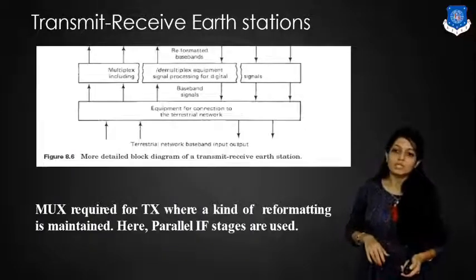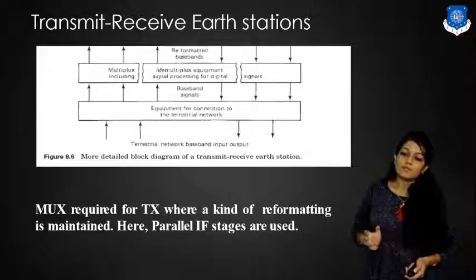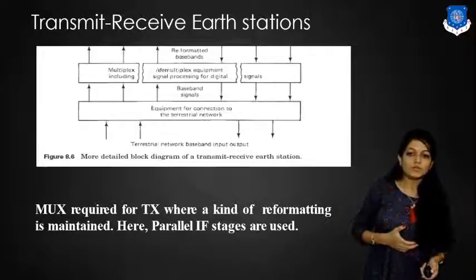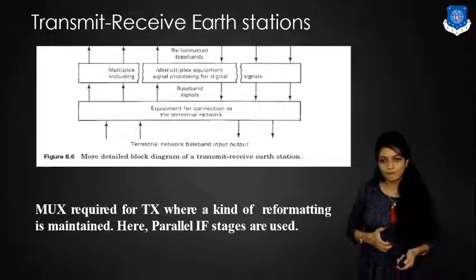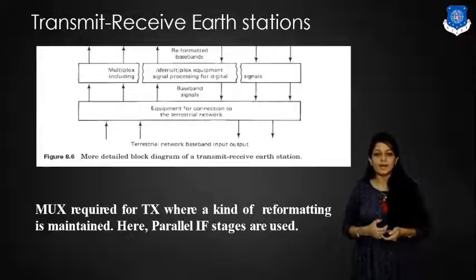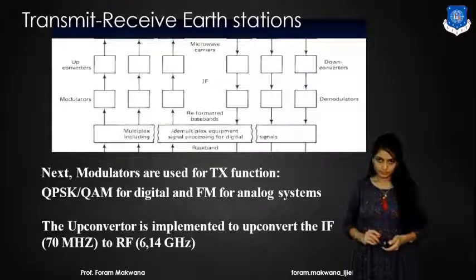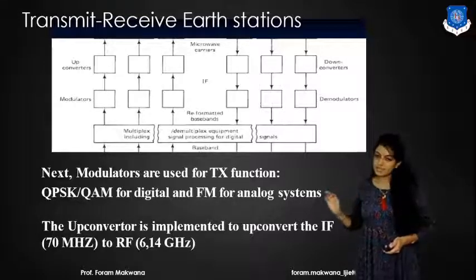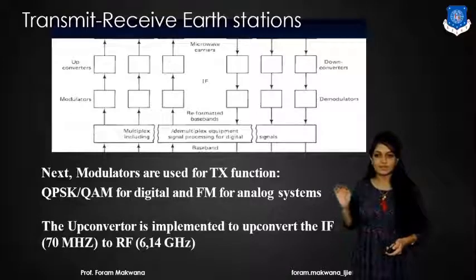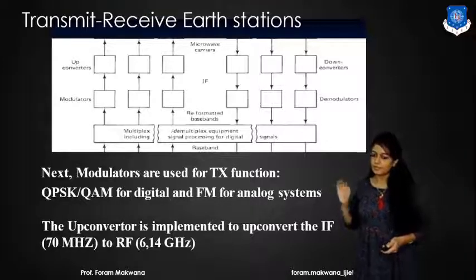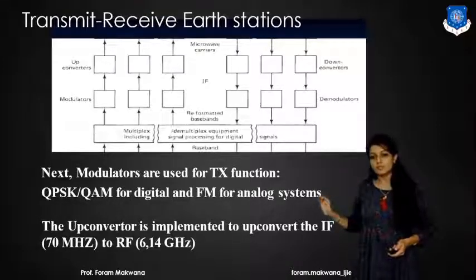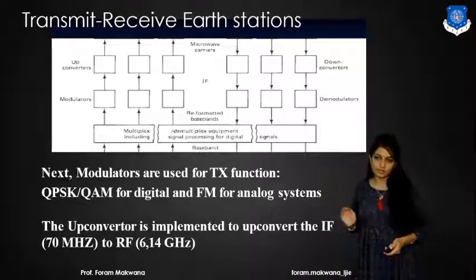Alright. So for the transmitter, reformatting is required. So for that, a parallel IF stage is required. Although the modulators are used for the transmitting function as I have discussed with you, the modulation typically used is QPSK for digital and FM for analog systems.